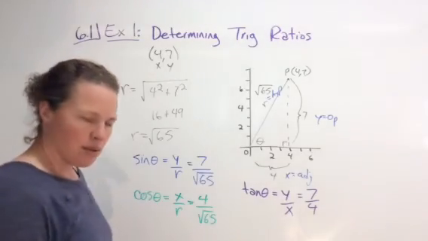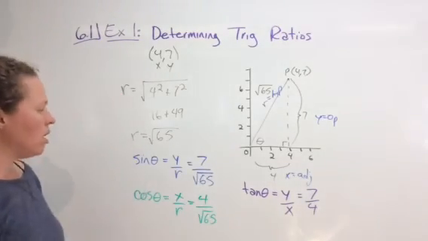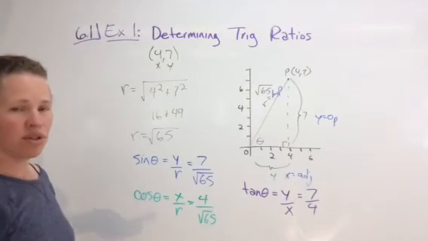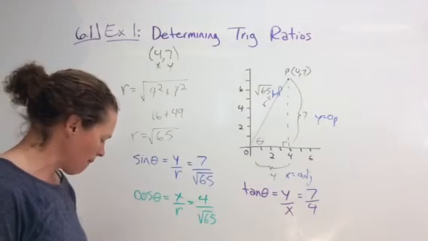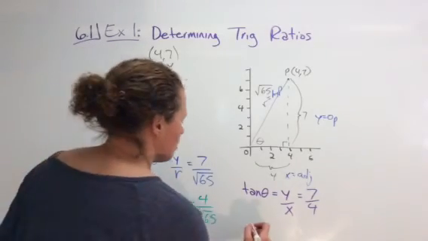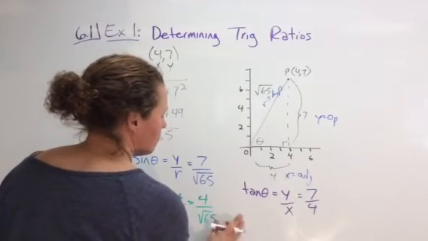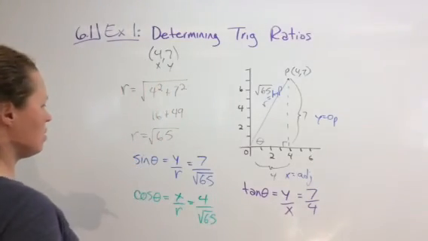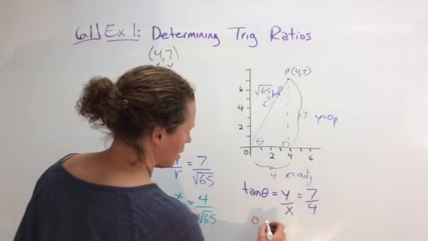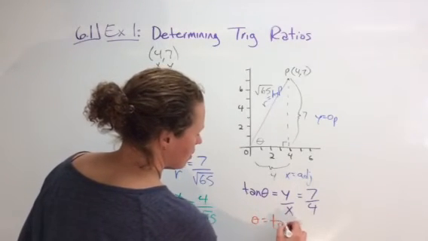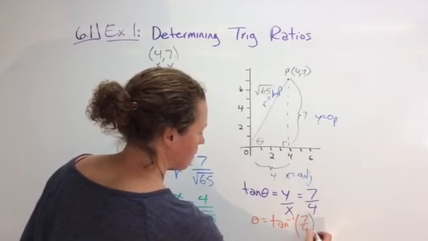Now the final thing they want us to do with this question is actually solve for theta. So you could choose any of these ones. I would choose tan because it's easier. It doesn't have any roots in it. So to solve for theta, I'll just write it up a little higher. It's going to be second function tan of 7 over 4.